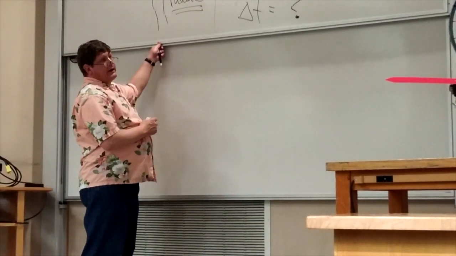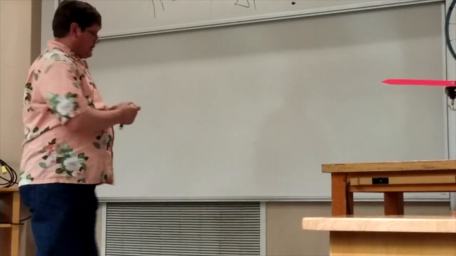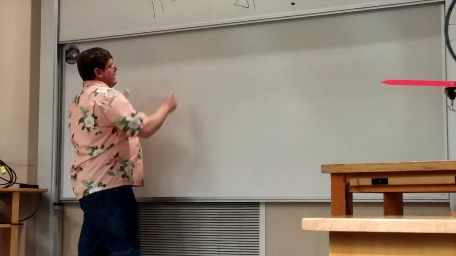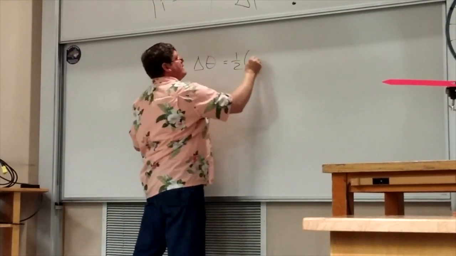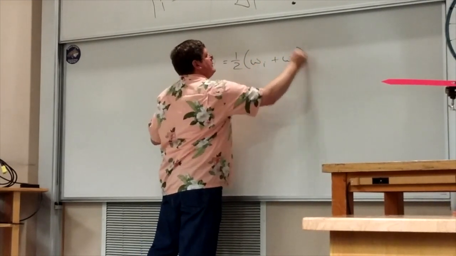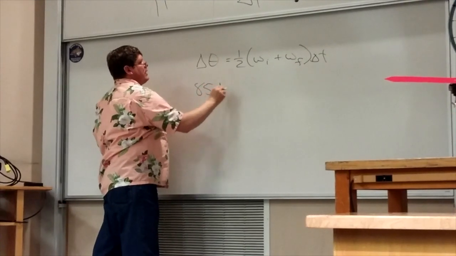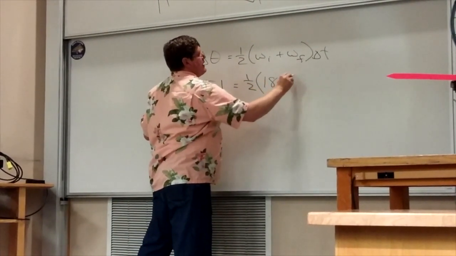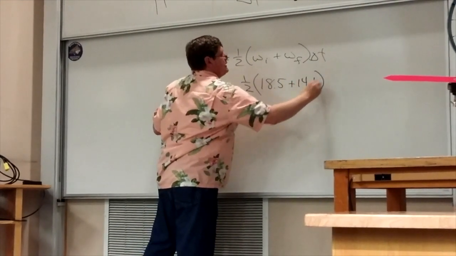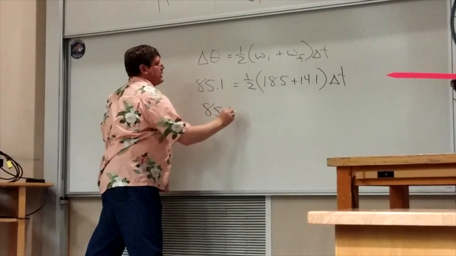The equation over there that does not have alpha in it is that second equation. So I would write delta theta is equal to 1/2 omega initial plus omega final, delta t. This is going to be 85.1. This is 1/2 times 18.5 plus 14.1, delta t. 85.1.